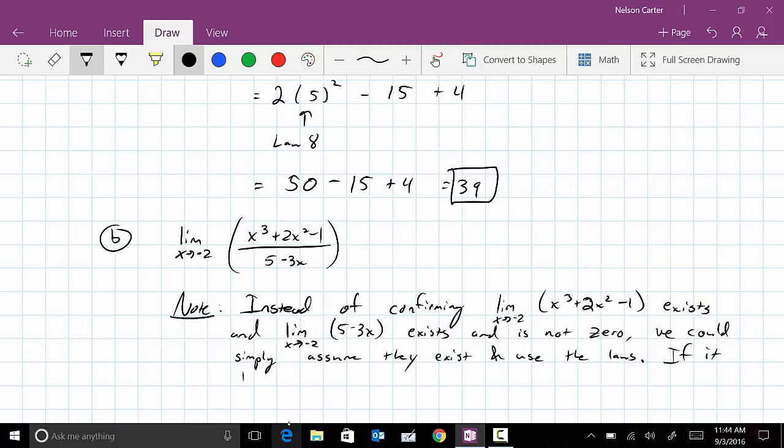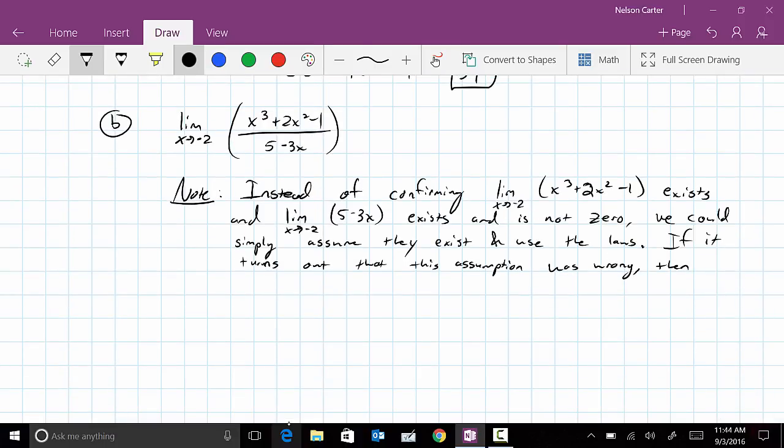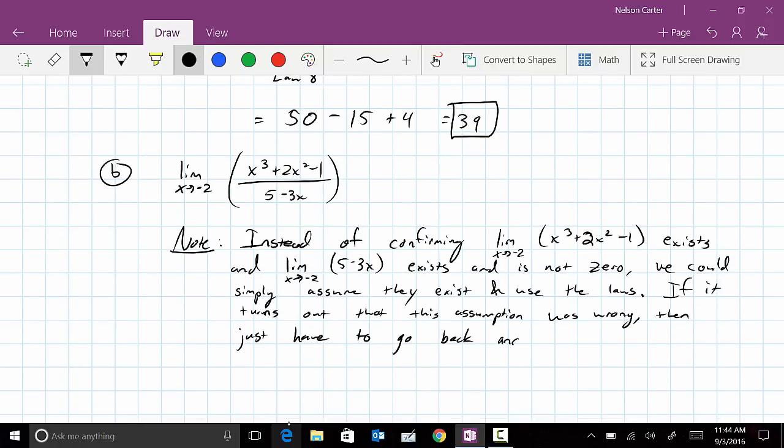If it turns out that this assumption was wrong, then we just have to go back to this point and understand all the work done is void.